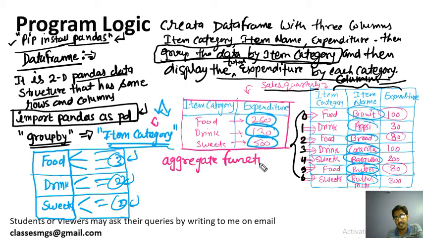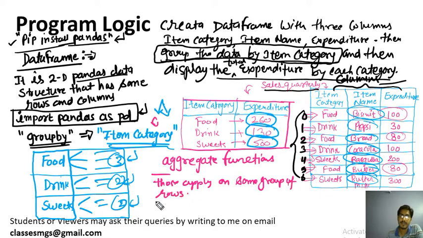Aggregate functions are the functions that apply on some group of rows. Here the food group has 3 rows, the drink group has 2 rows, and the sweets group has 2 rows, so we can apply the aggregate function here.